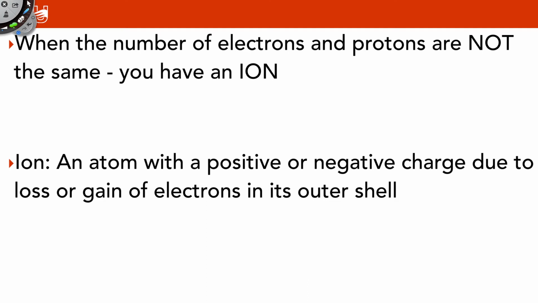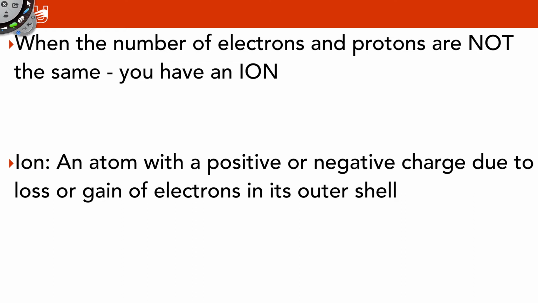Sodium and potassium ions are important when you talk about how a neuron works. So you're going to hear this term ion many times this semester and next semester. All an ion is, is an atom that has an unequal amount of electrons and protons. That's all it is.